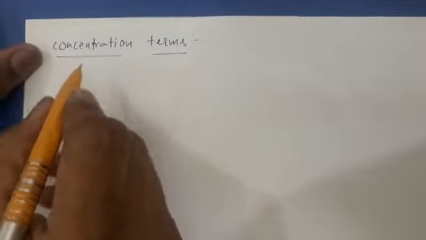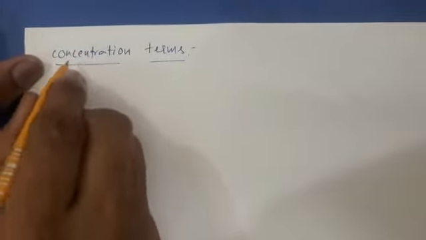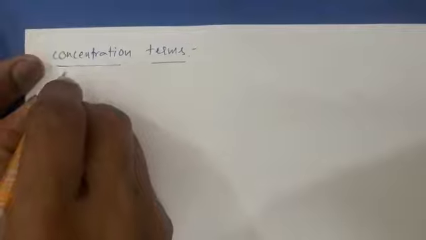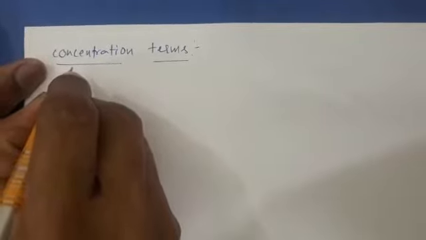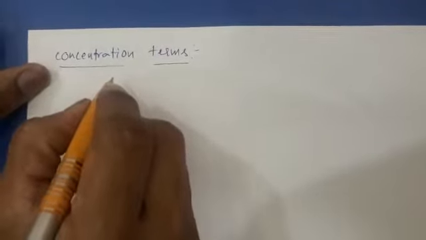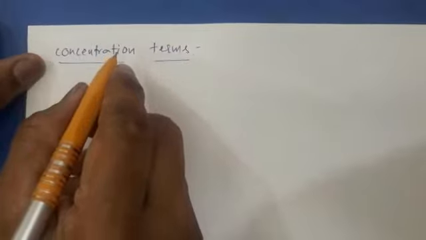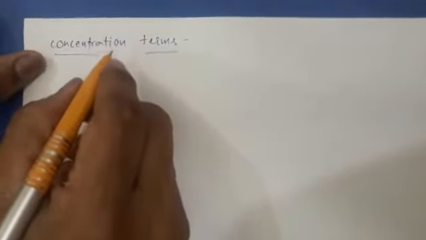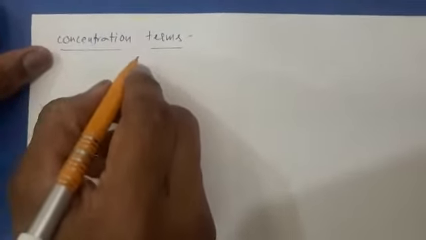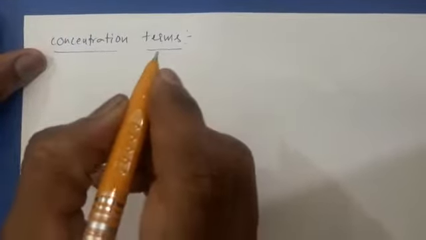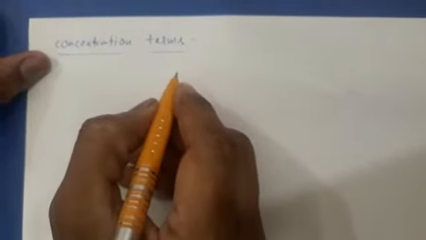First, let us know what concentration is, which is also called strength. Concentration is the quantity of solute present in a definite quantity of the solution relative to the solvent.